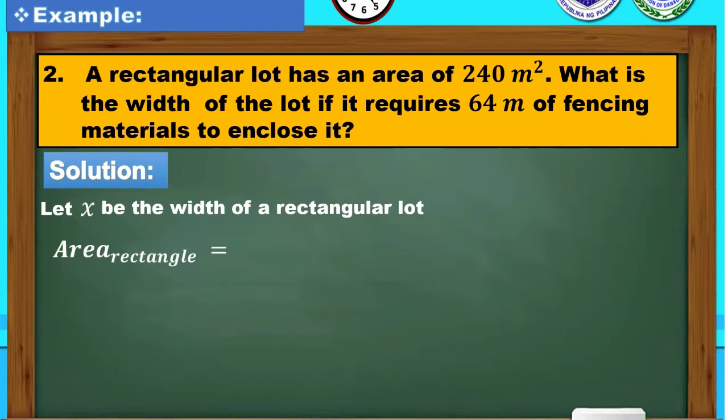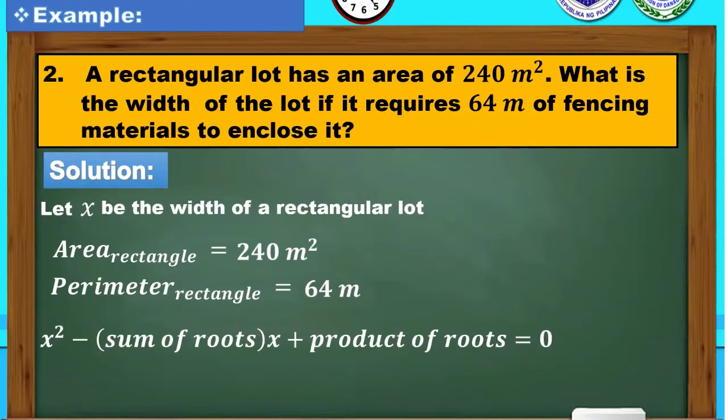Then the area of the rectangle is equal to 240 square meters, and the perimeter of the rectangle is equal to 64 meters. Then, by using the sum and product of roots of a quadratic equation, we have x squared minus sum of roots x plus product of roots equals 0.